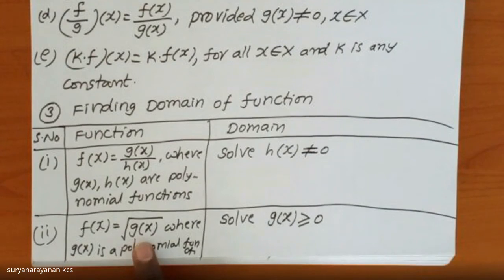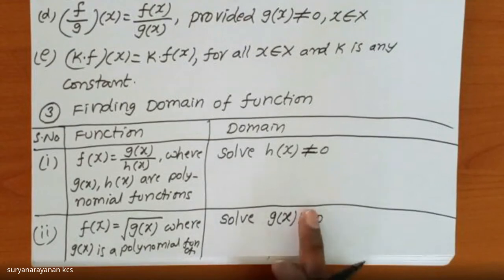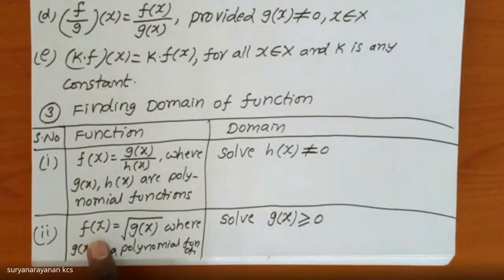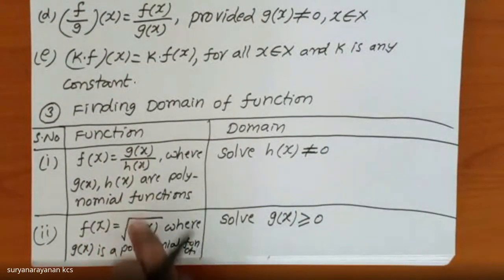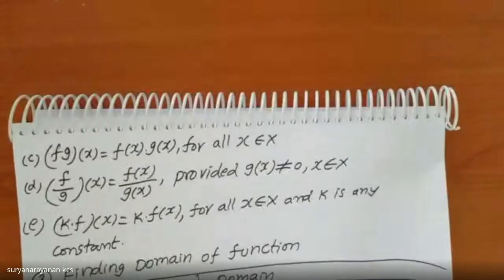If it is a negative number, square root of a negative number is not a real number. That is why g of x should be greater than or equal to 0. We have to solve this inequation for x. The values of x denote the domain of this function. Okay, my children, remember these different forms of the functions to find domain. Okay, next one.